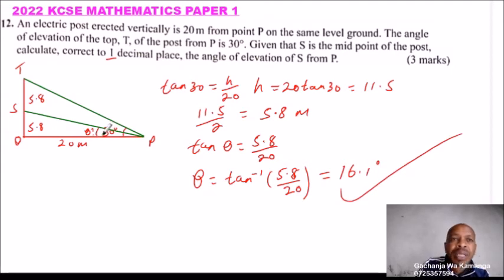That is the angle. So that's how you work out that, and you'll be able to get 3 marks.